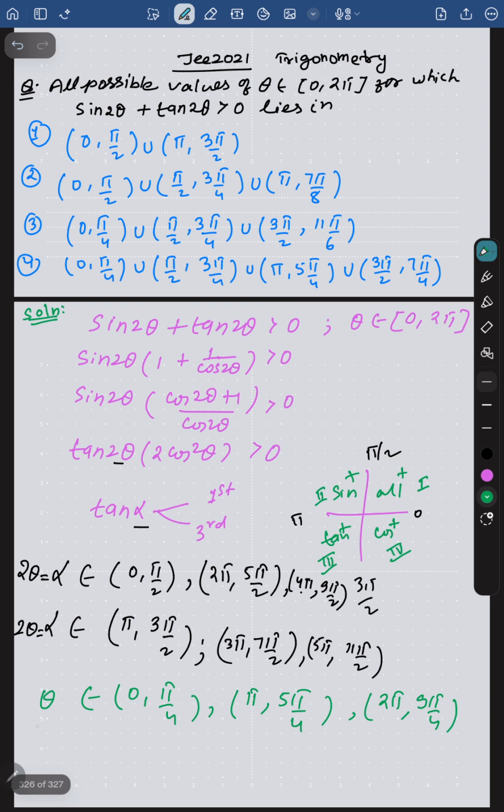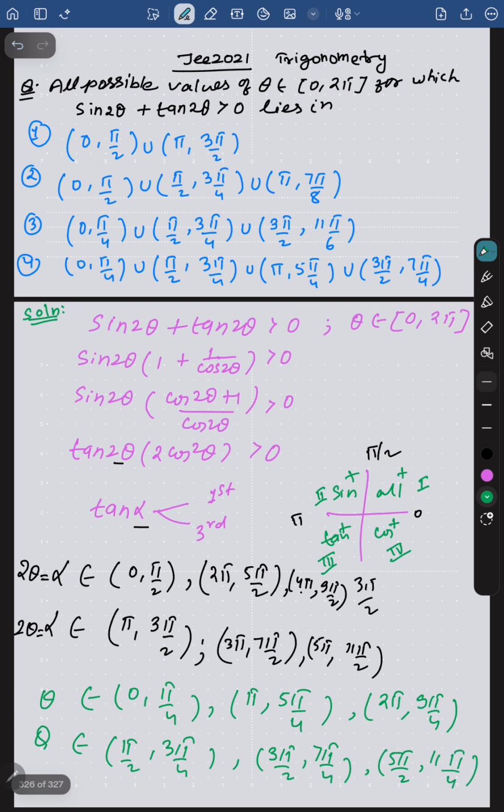And for the third quadrant, you will have pi by 2 to 3 pi by 4, and this will give you 3 pi by 2 to 7 pi by 4. This will give you 5 pi by 2 to 11 pi by 4.